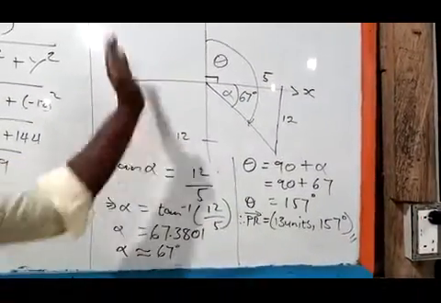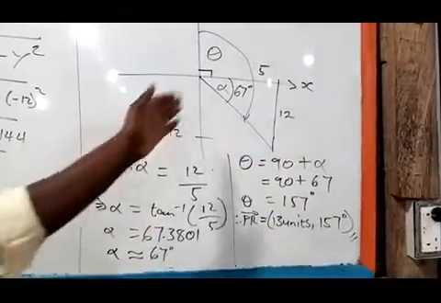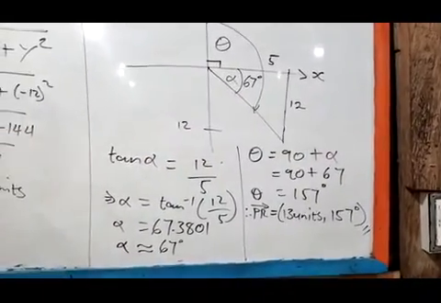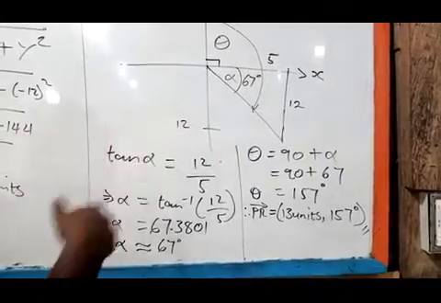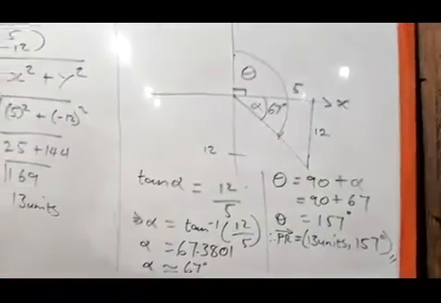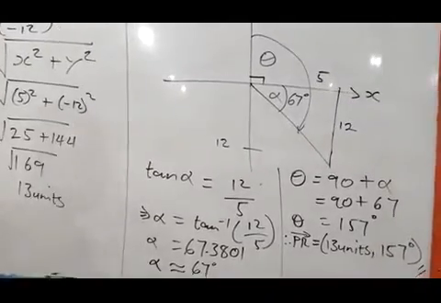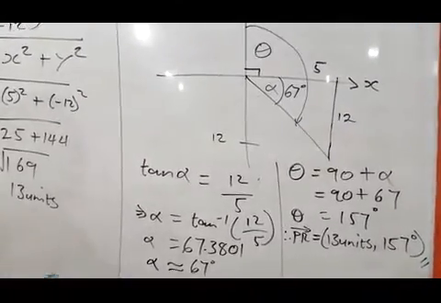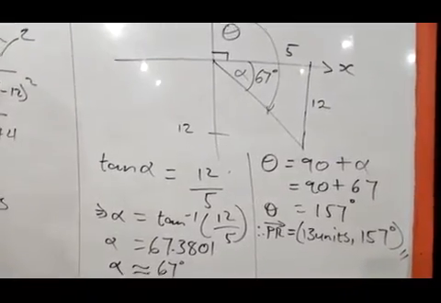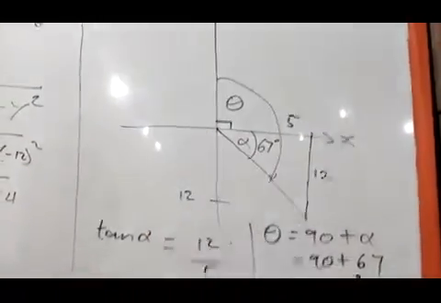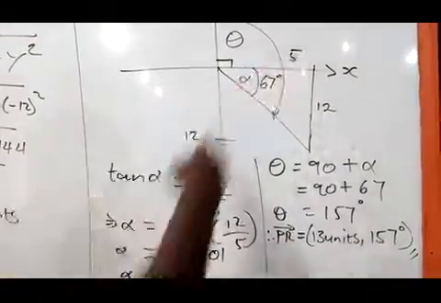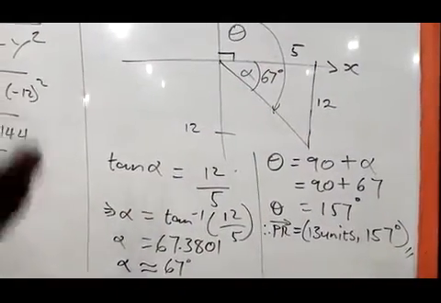But then this can be projected to this side as the same value. So if this is 5, this is going to be 12. And then from there, we find which particular trig ratios to use. And I told you that all the time it is going to be TOA, because you are always going to be given the opposite and the adjacent to find the angle created by the x-axis, which I have represented as alpha.